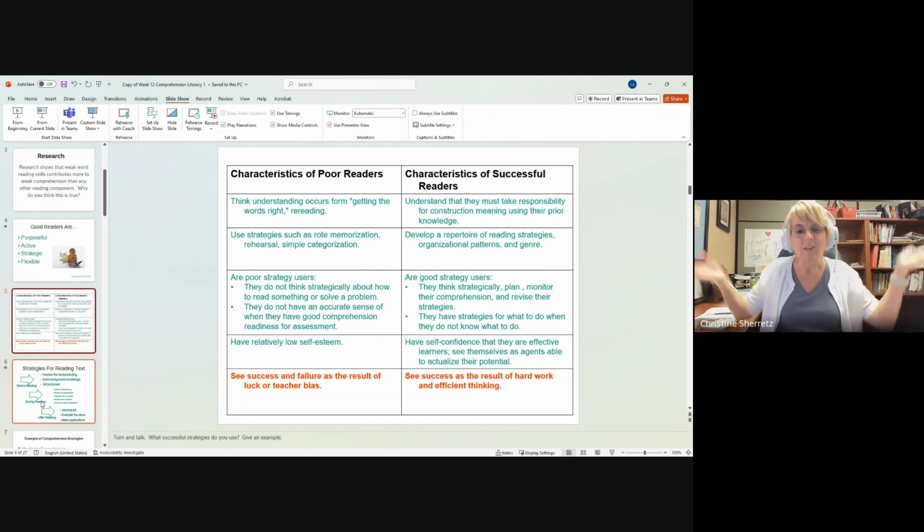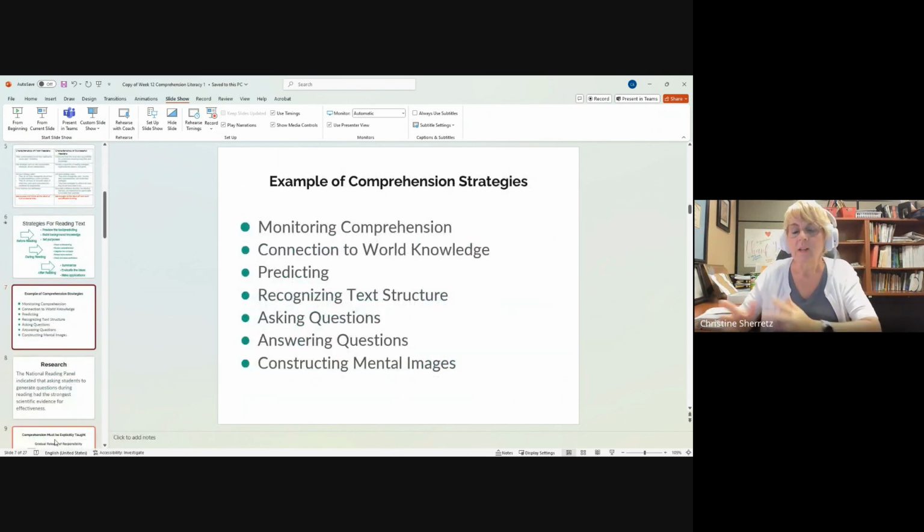It's not just that someone got the reading skills imparted in them and others didn't. So here are some examples of reading strategies. Monitoring your own comprehension, making connections, predicting, recognizing text structure, asking questions, answering questions, creating mental images. These are all great strategies.